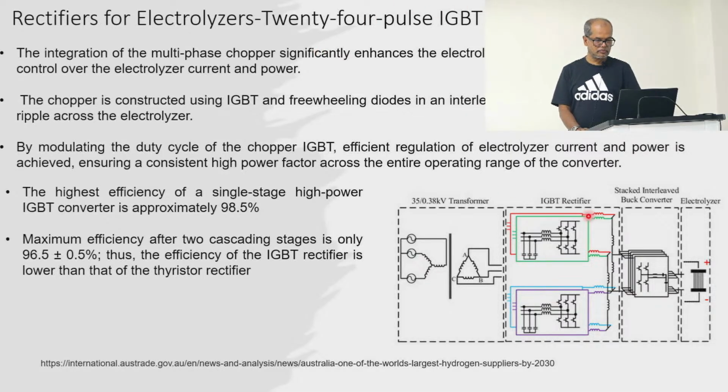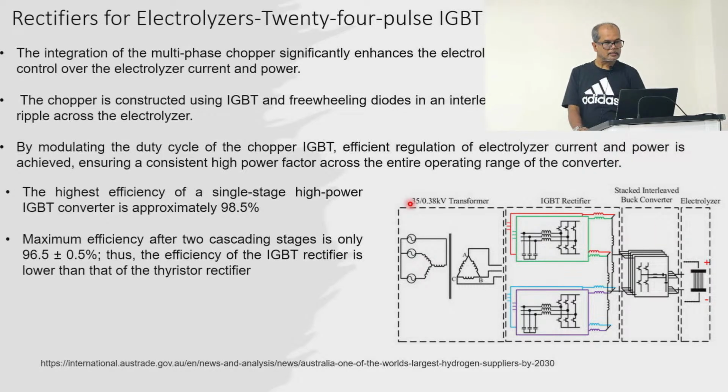And the next one is not the thyristor, this one is actually IGBT. So this is the IGBT rectifier, and then you have an IGBT converter as well. Using this one, again, it has better control capability compared to the previous one, as we discussed in the 12-pulse cases as well.